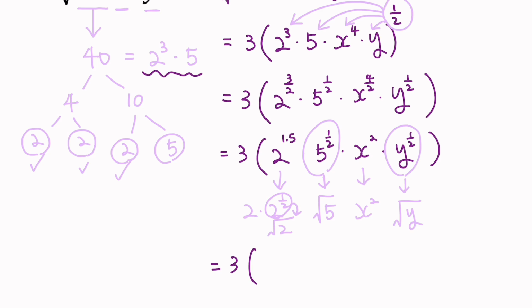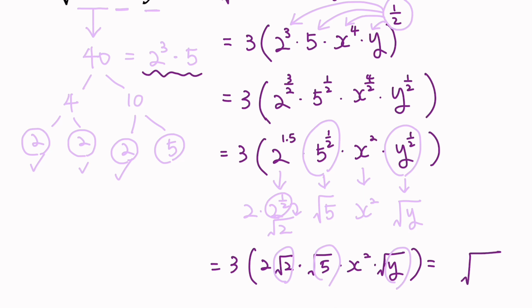Now let's go ahead and simplify the whole thing. I have 3, and then 2 square root of 2 times square root of 5 times x squared times square root of y. So let's combine all the numbers within the square root, and those are 2, 5, and y. That'll give me square root of 10y. So those numbers will go underneath the square root sign, and the other numbers will come out front.